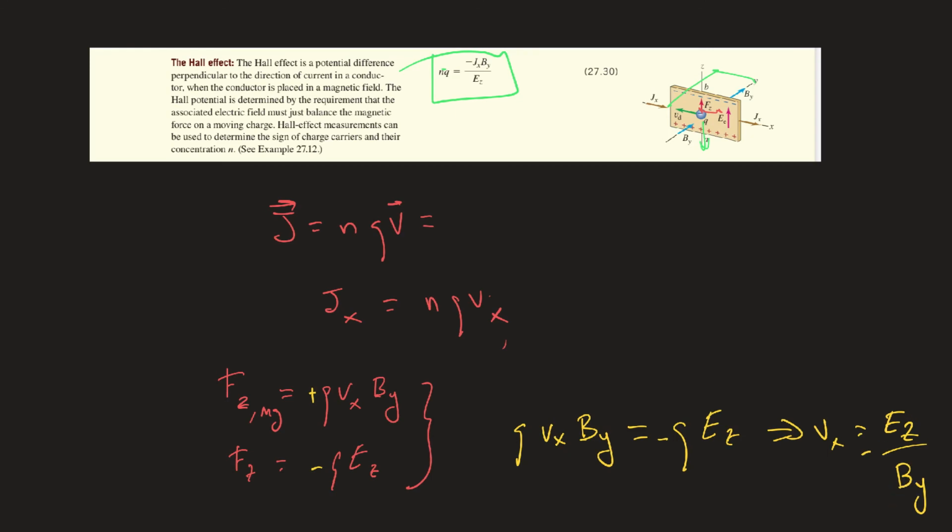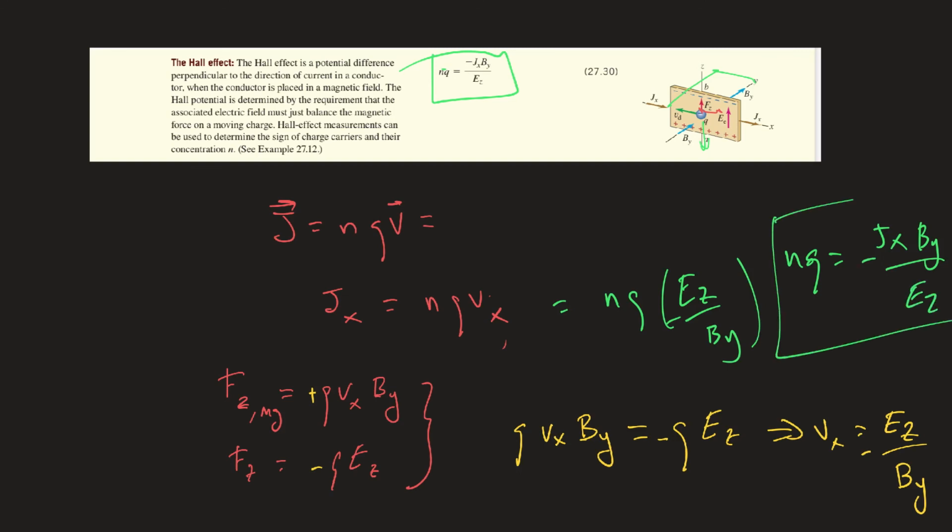So J will be nq times v_x, but v_x will be E_z divided by B_y. So J_x = nq E_z / B_y with a minus sign, so nq will be J_x B_y divided by E_z, with a minus.